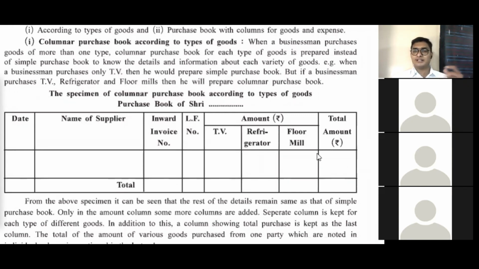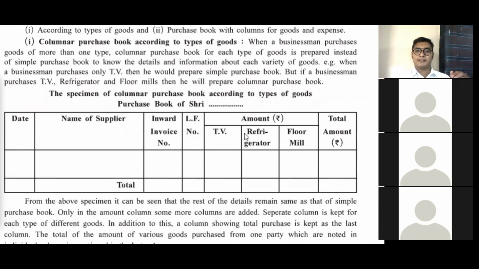First of all, we have to read every transaction and identify what kind of goods he is purchasing or selling. As per the transactions, we prepare different columns, or it can also be given at the top of the question that we should prepare these columns for goods.